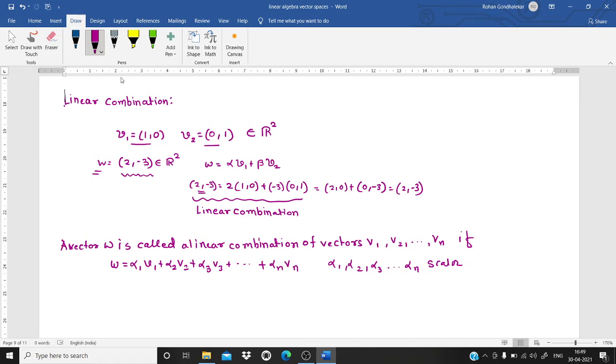Are you clear with this definition and the example which we discussed? Okay, we'll have one more example.